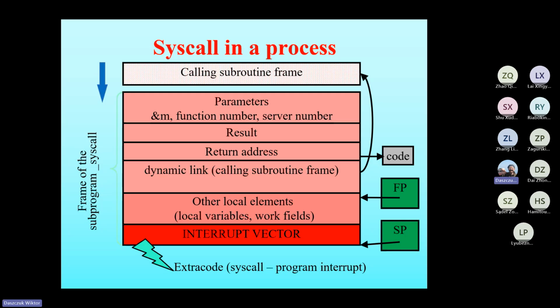So here we perform the extra code, the syscall, and the current value of the stack pointer is the top of the stack, which is here. I assume that the stack grows to lower addresses, which is the case in Intel. And the frame pointer points to the dynamic link.